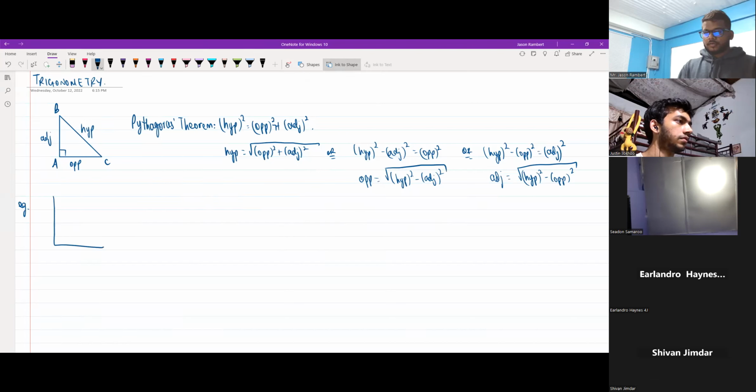If I have a right angle triangle, and that is the only way you can know it's a right angle triangle, with the right angle symbol. Cool? I have a right angle triangle, and it says that this side is 3, and this side is 4. I want to know the value of the missing side. The side opposite the right angle is always the hypotenuse. Always.